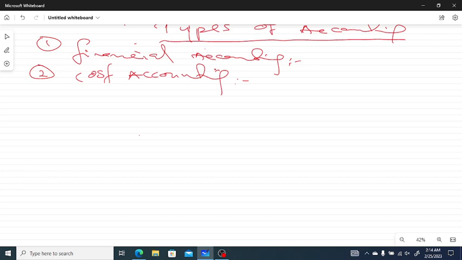This cost accounting is mainly for internal use, and they are called cost accountants. They prepare their reports concerning the costs and planning. Also, it helps management to make decisions concerning the cost operation of that entity.